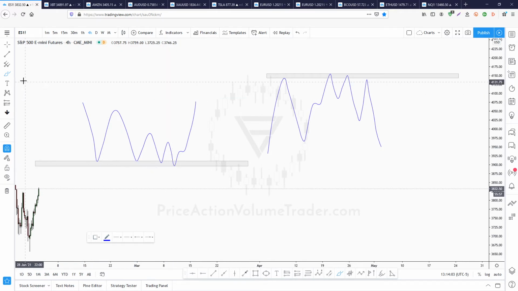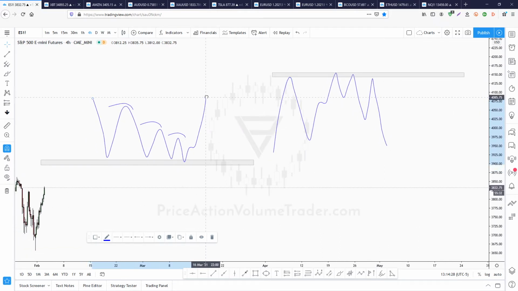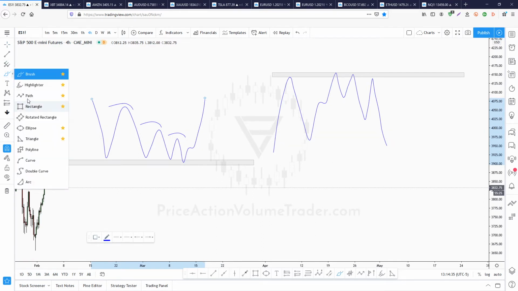But if we see from a price action perspective that the bounces are getting smaller and smaller, that means there's more and more pressure by the sellers. I drew these out all the way here, but let's say price would come back down here, so let's just ignore this here.